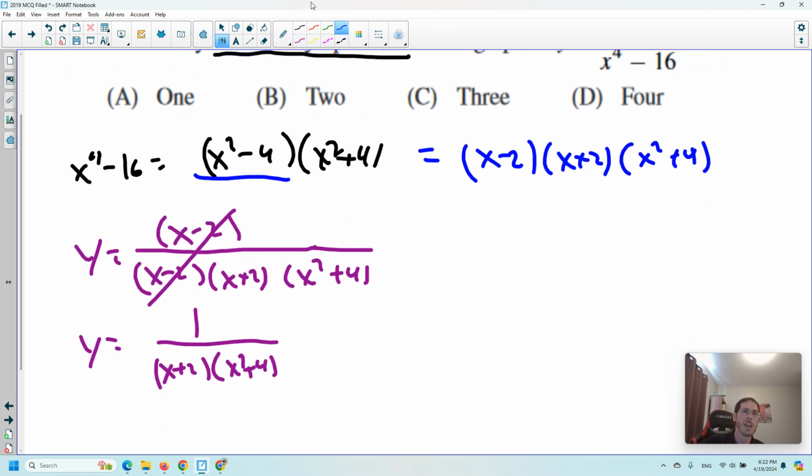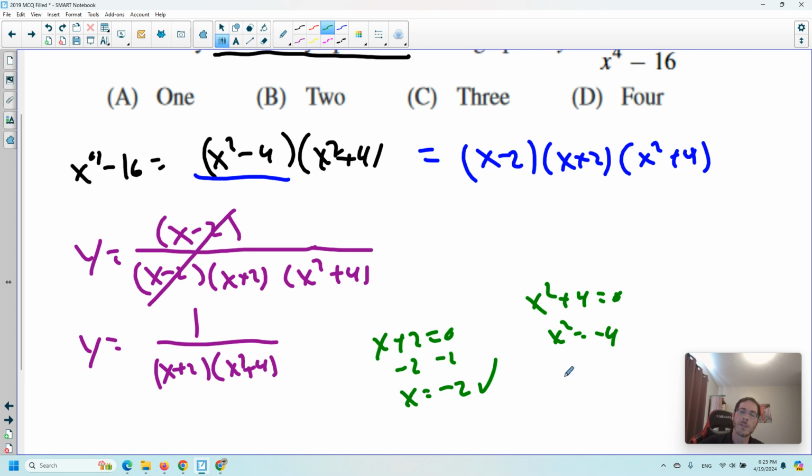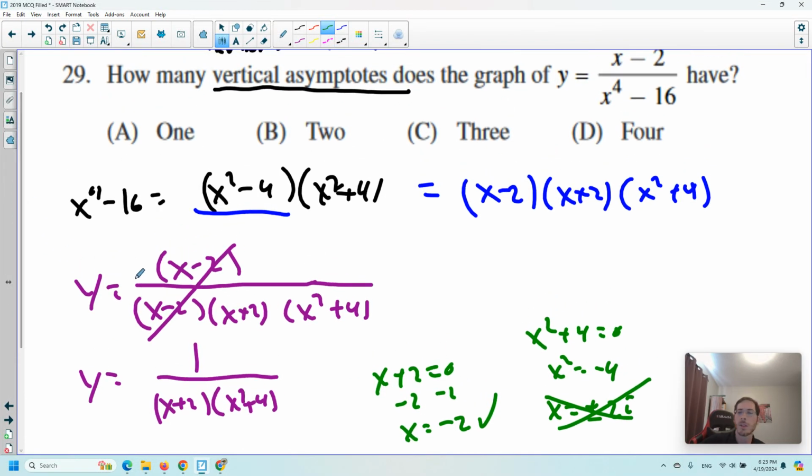If we tried each of them, x plus 2 equals 0, x is equal to negative 2 would be an asymptote. x squared plus 4 equals 0, x squared equals negative 4, x is equal to plus or minus 2i. We do not think about imaginary numbers in terms of asymptotes on a regular graph. We have one asymptote.